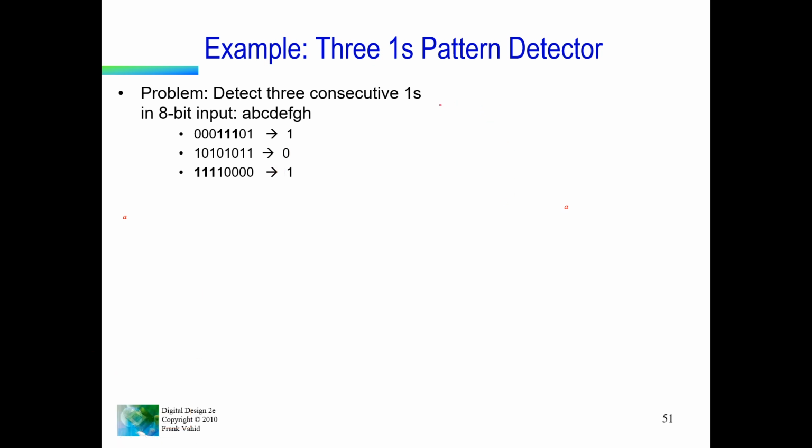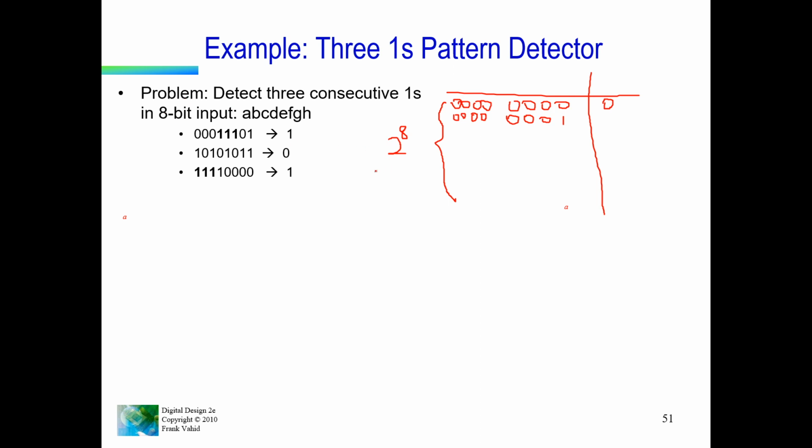Well, actually for that purpose, we can draw a truth table. But the problem is we have 8 bits of inputs, as I'm drawing here, and as there are no 3 consecutive ones in this input, the output must be 0. And I must continue on by writing each possible input. Here the problem is that the number of possible inputs is 2 to the 8, because the input is 8-bit.